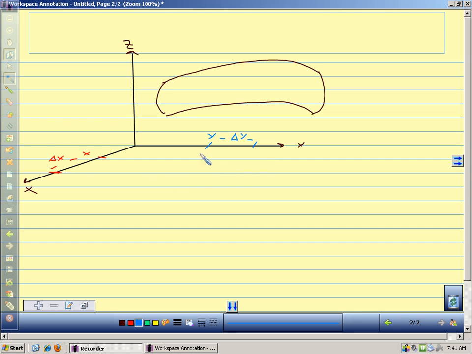And I'm going to project these out this way along my xy plane.